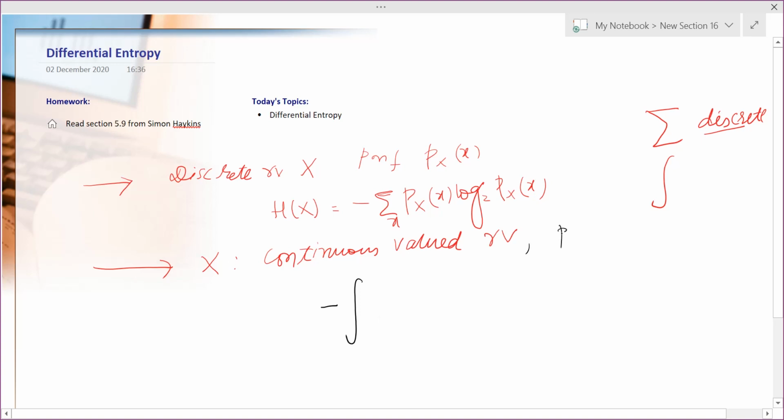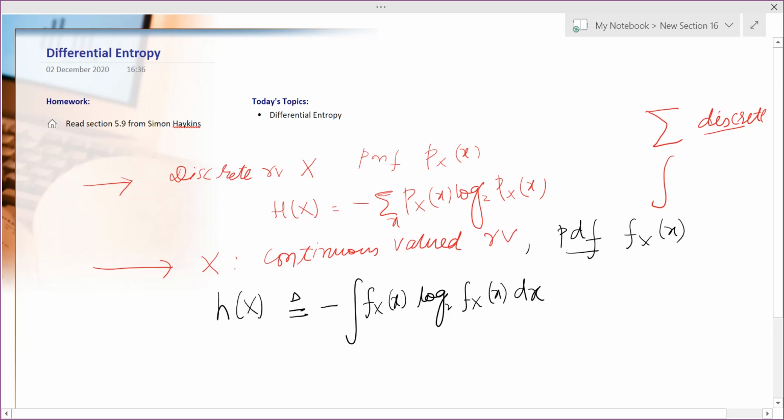It has probability density function fx of x. So instead of px of x, we will write fx of x. Rest will be same, log to the base 2 fx of x, and here will be dx. Now this entropy is denoted by small h of x, and this is given the name differential entropy.